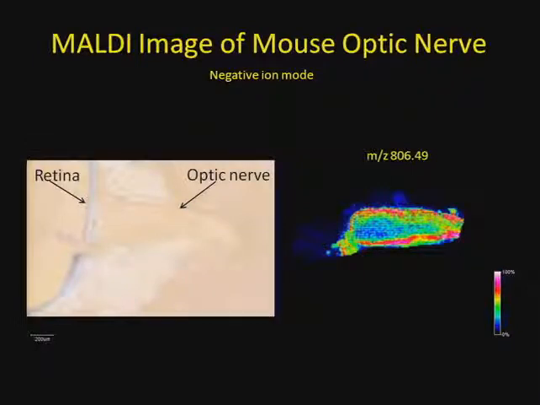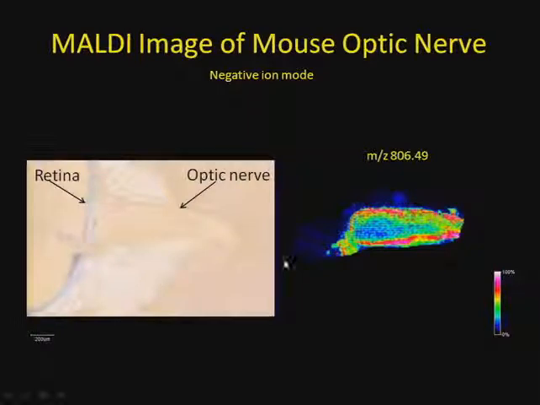So in negative ion mode, you get some of the negatively charged lipids, and here is a slightly different section. These images, I should have said, are taken at 10 micron spatial resolution. So here's the optic nerve right here.